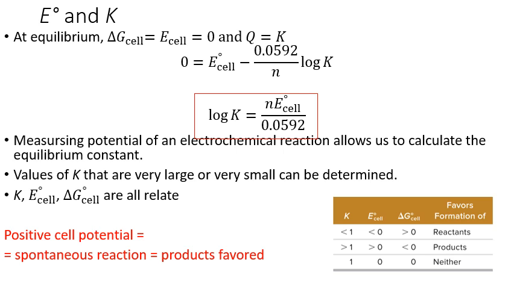Log K equals n multiplied by E naught cell divided by 0.0592. Measuring the potential of an electrochemical reaction allows us to calculate the equilibrium constant.